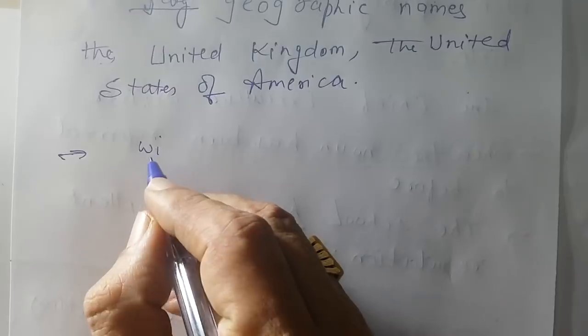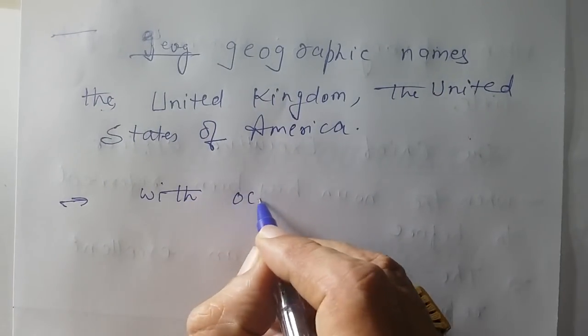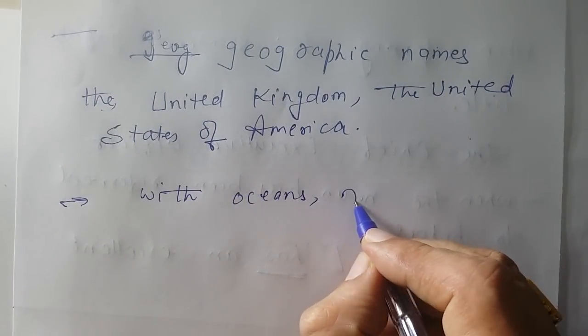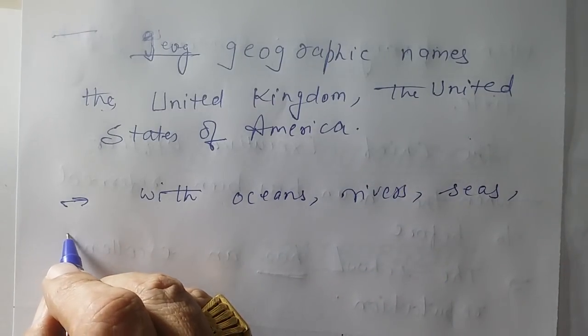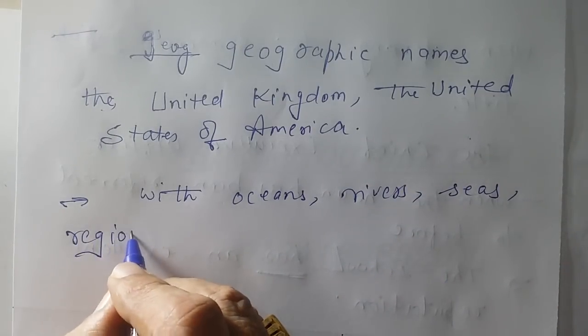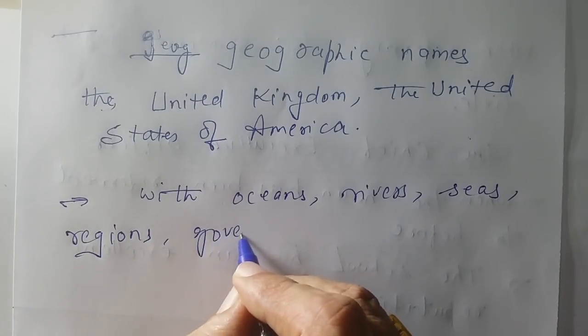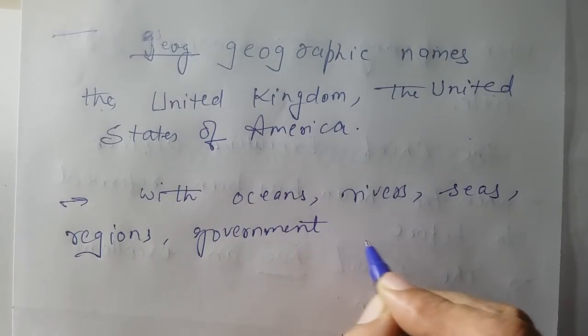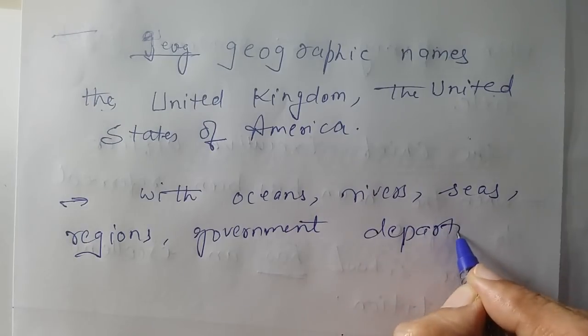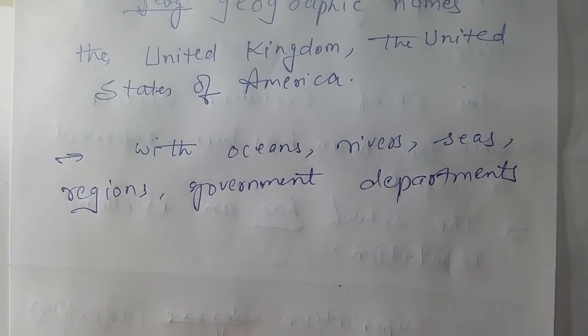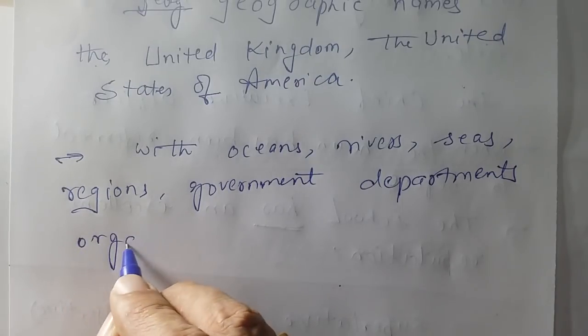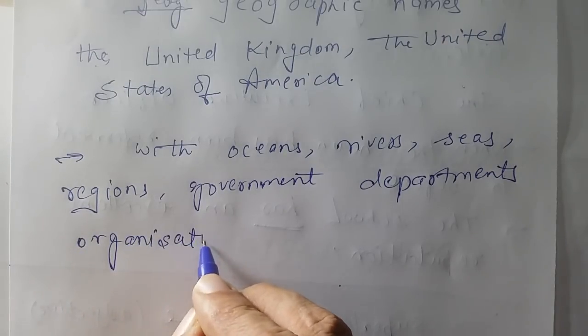Next come oceans, then come rivers, then your seas, then come your regions, government departments. So please remember, especially the writing people, sometimes they have to write letters to concerned authorities also.